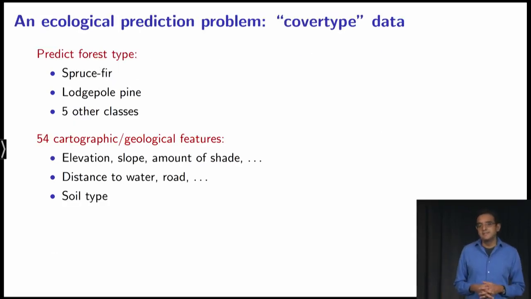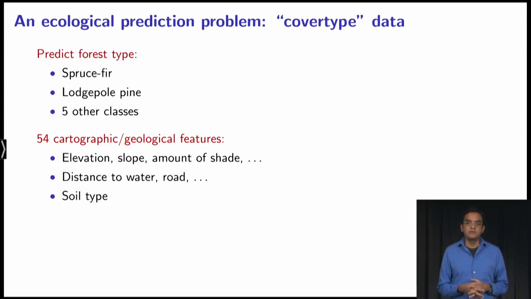Okay, so let's see a simple example that brings together all of this. And since we've been talking so much about trees, I thought it would be appropriate to look at an ecological example about forest types. This is the cover type data set, and it contains data collected from various locations in US national forests.